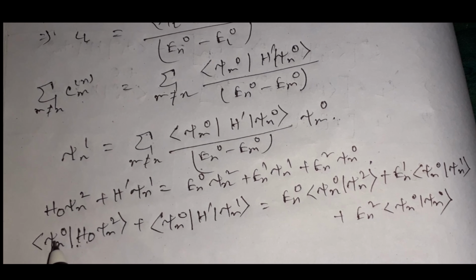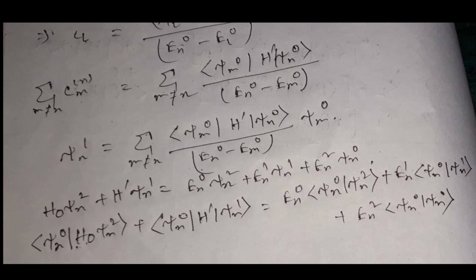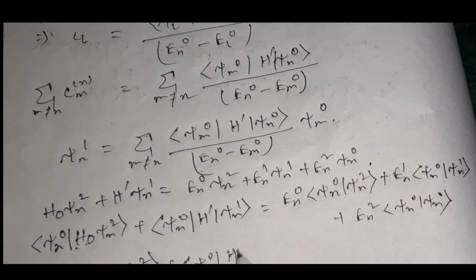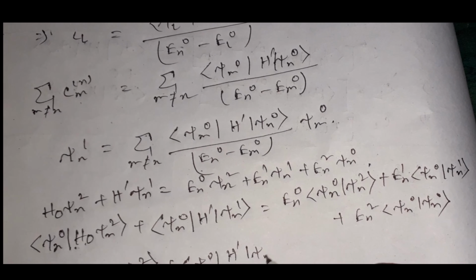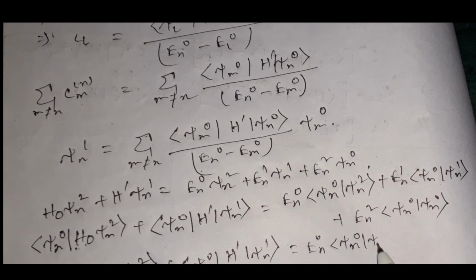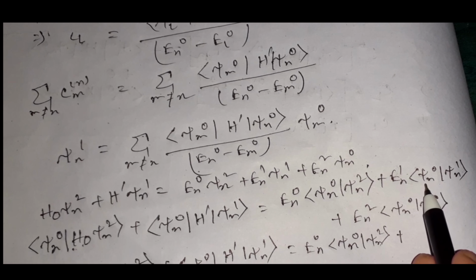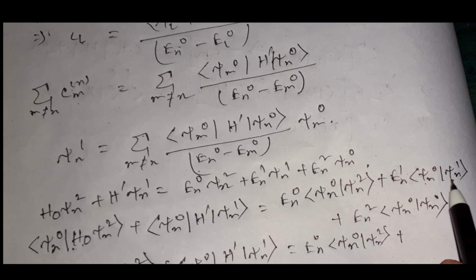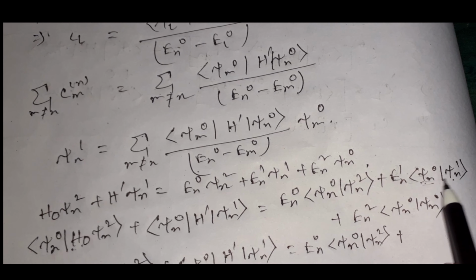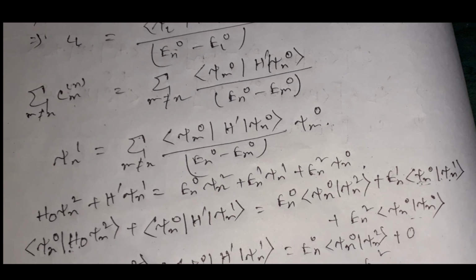Now it's applied on ψn0, we get En0 ψn0 ψn2 plus ψn0 H prime ψn1 equal to En0 ψn0 ψn2 plus, now this ψn0 and ψn1, that ψn1 does not consist of ψn0 and the orthonormal condition shows that this will be 0, plus this is 1 En2.